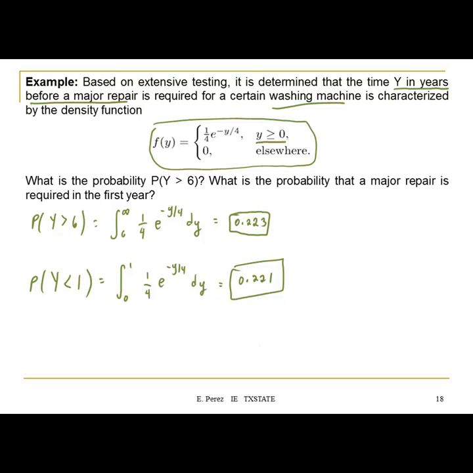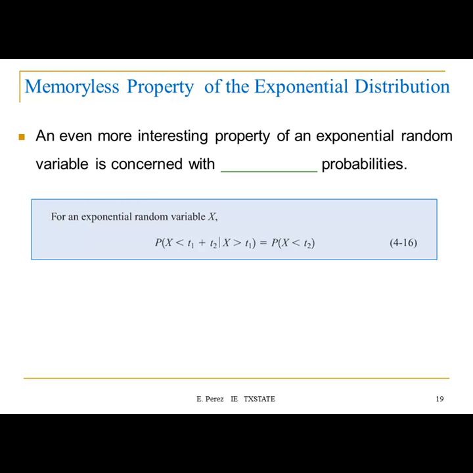There's one property, and I think I'm going to wait until next time to explain it. This is called the memoryless property of the exponential distribution. Anyone has an idea of what that means? Memoryless, have you heard that before? If you have, please raise your hand.